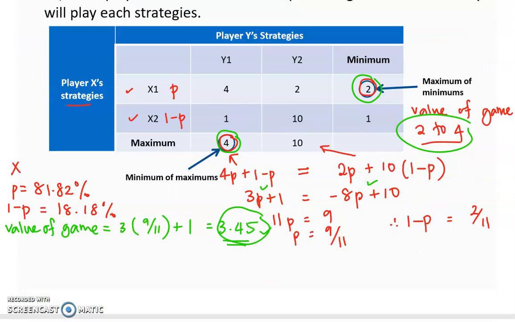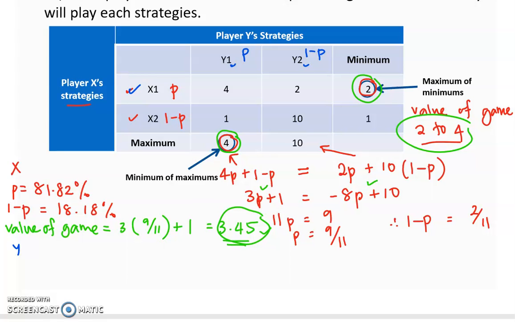Now in terms of player Y, assuming that player X chooses strategy 1, there is probability p that player Y will choose strategy 1, and 1 minus p probability that player Y will choose strategy 2.